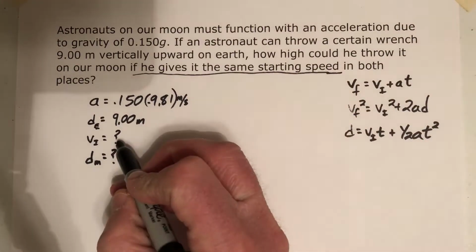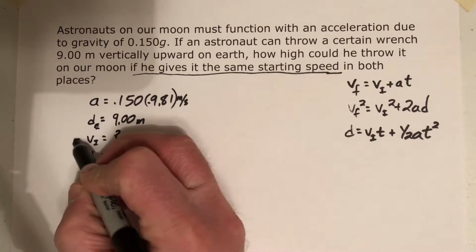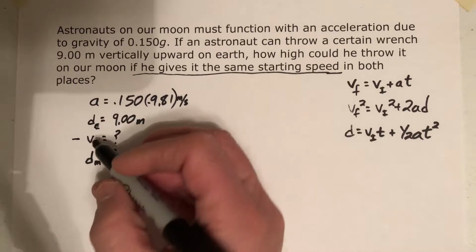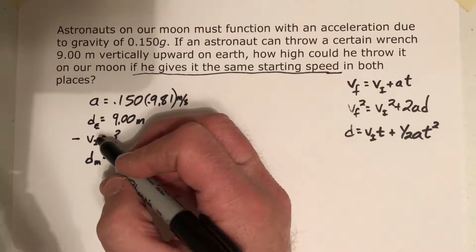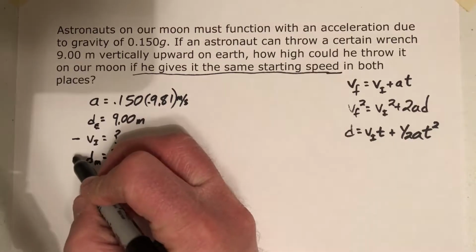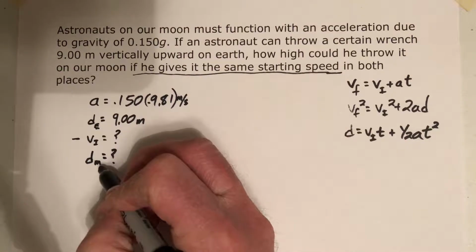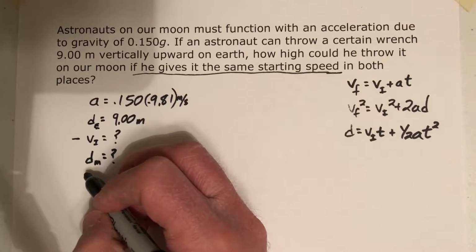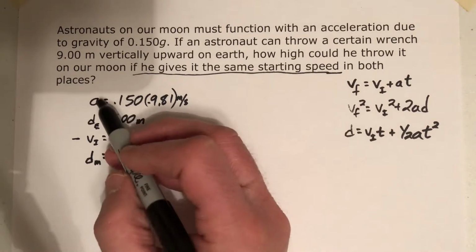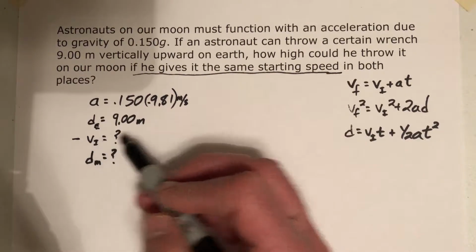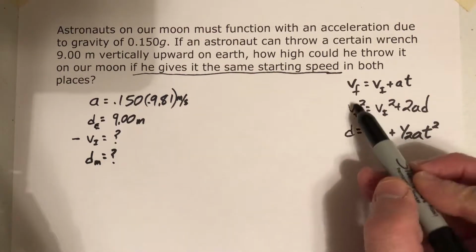So I'm going to find the initial velocity that I threw the wrench with on the Earth, and then use that to find the displacement the wrench will go on the moon. So we need to match these up with one of these equations.